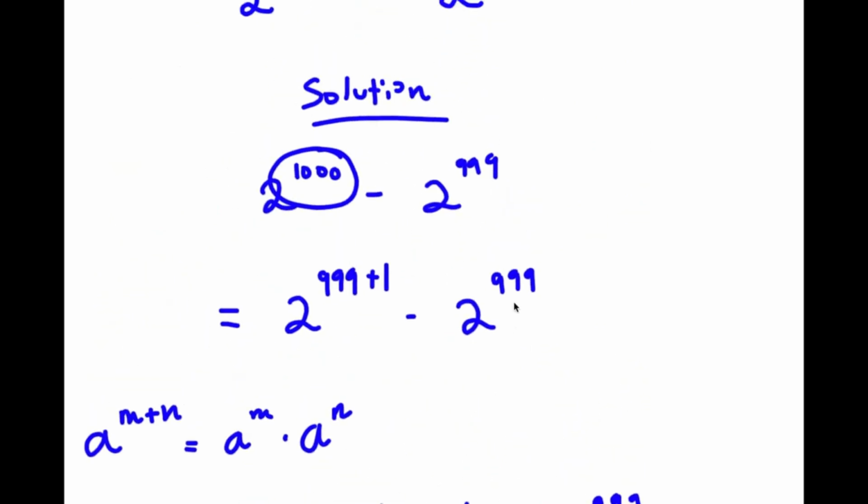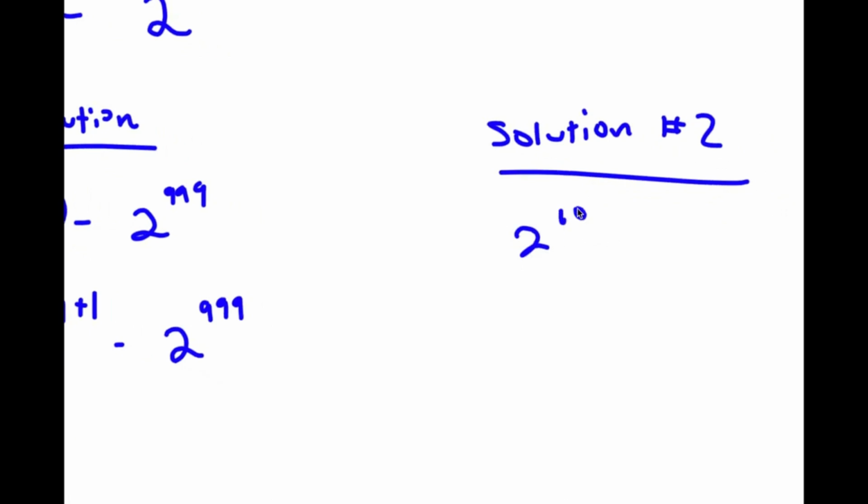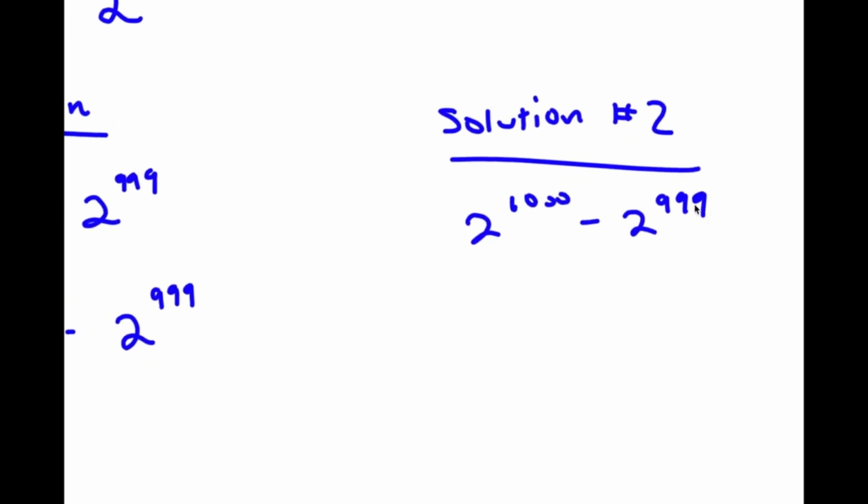Now, another way of doing this, so I first start with 2 to the power of 1000 minus 2 to the power of 999. Now this time, I'm going to rewrite 999 as 1000 minus 1.